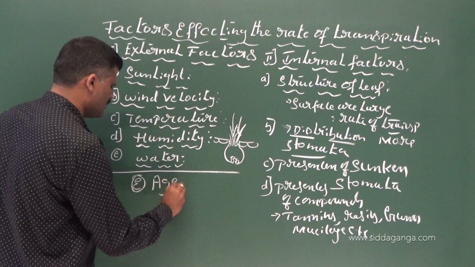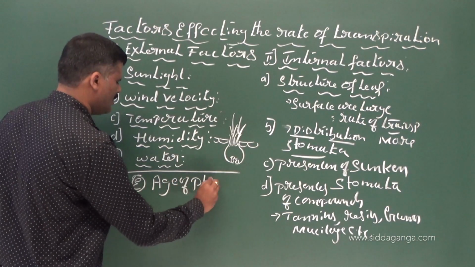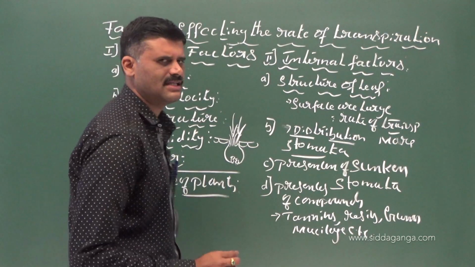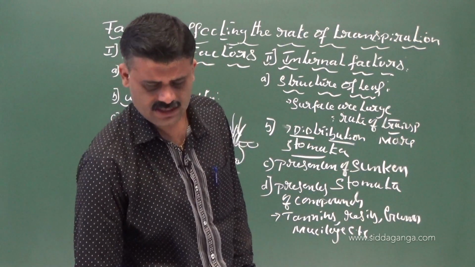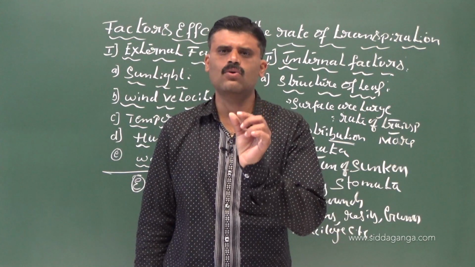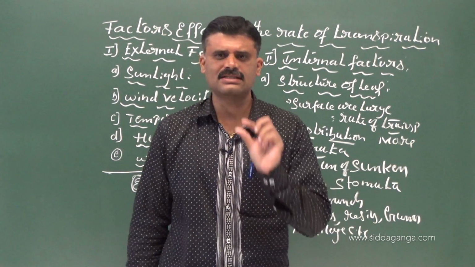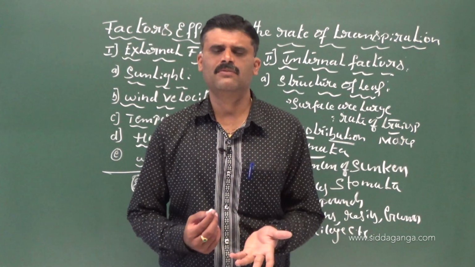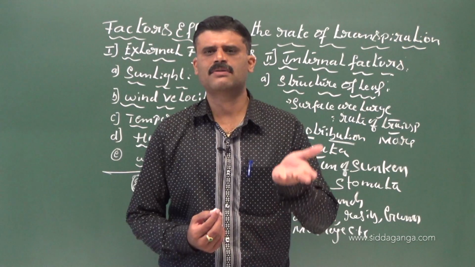Then next is age of the plant. When the plant is at a young age, when it is producing seedlings or is in the seedling growth stage, the rate of transpiration is less. When it matures, the rate of transpiration is more.